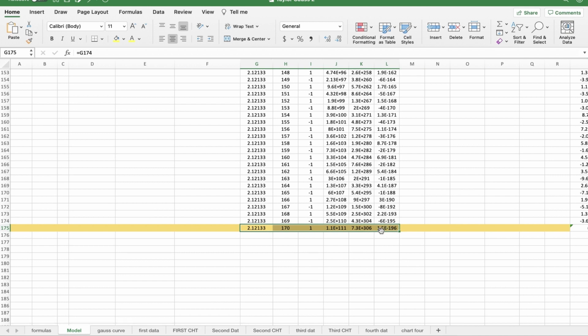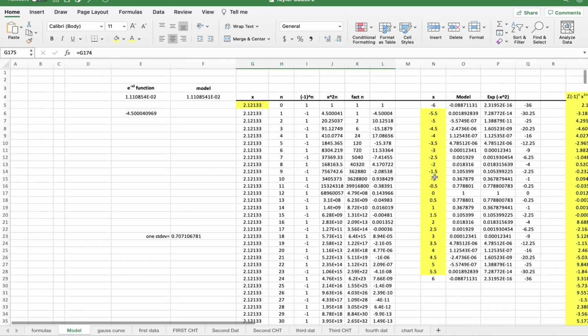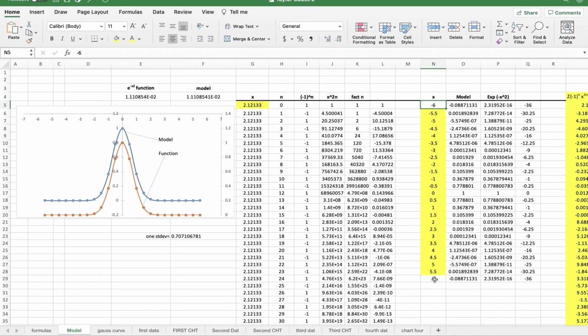Here you've got n factorial, where n is 170. 170 factorial is about 1.5 times 10 to the 306 or so, so its reciprocal is very, very small, and so you need many, many terms to actually expand the x-axis range in which the model is an accurate description.